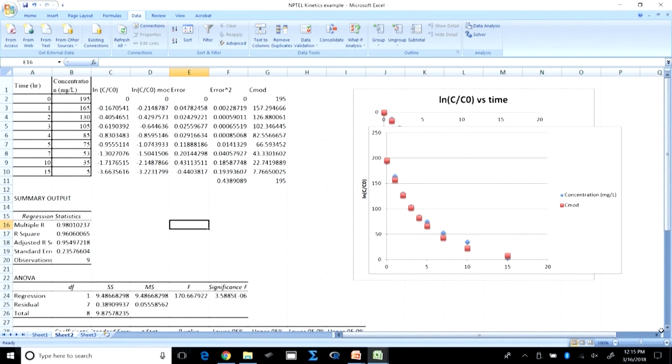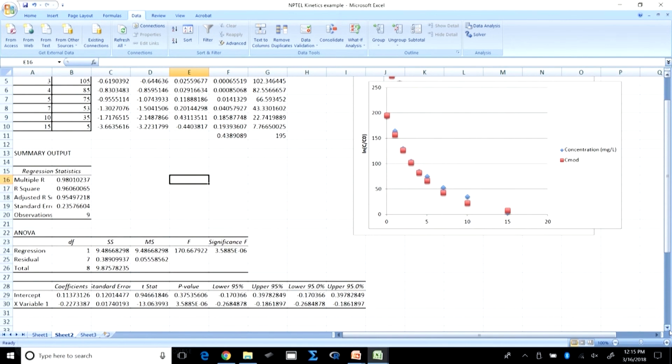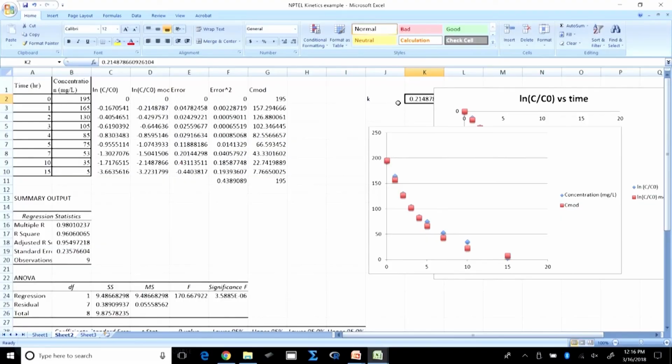The intercept came out to be 0.11, and the x variable, which is your rate constant, is around 0.22, right. So here again you see that this rate constant approaches the value that we calculated here, which was around 0.214, and that is what you see here, right.